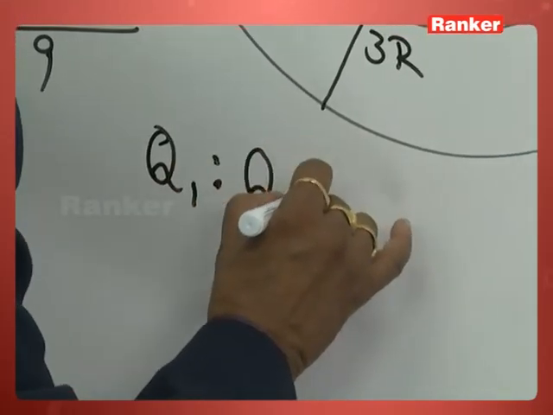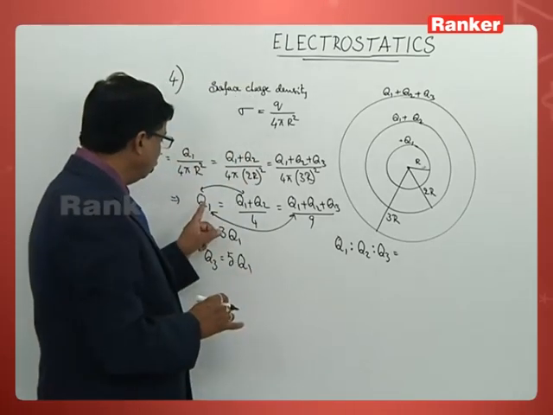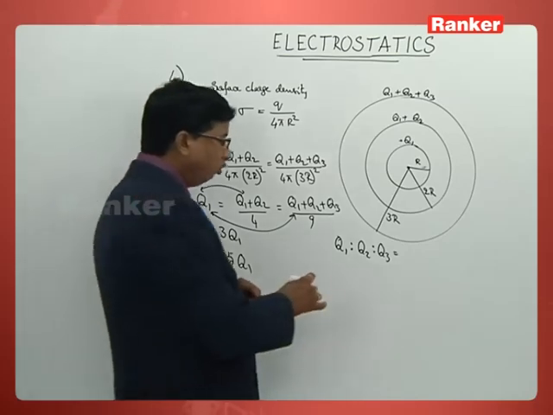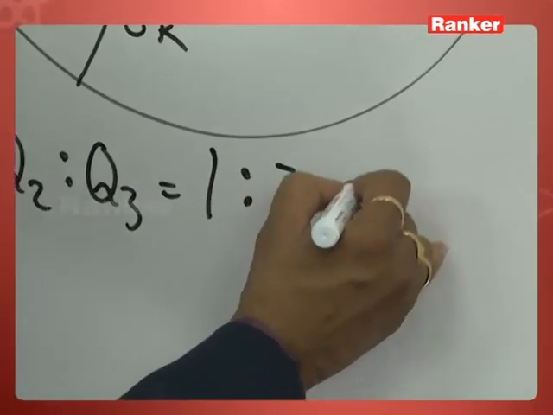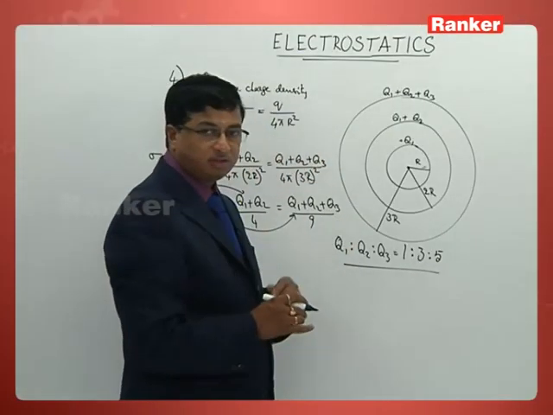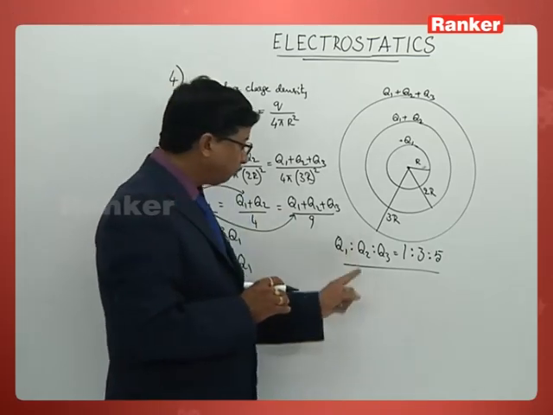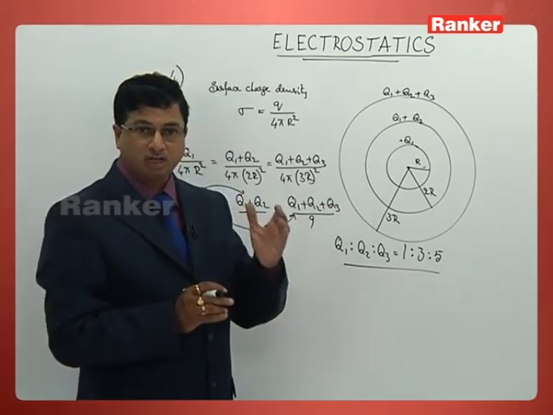Q1 is to Q2 is to Q3 now becomes Q1 is to 3Q1 is to 5Q1, which can be written as 1 is to 3 is to 5. So what should be the correct ratio of the charges on them on the outer surfaces? 1 is to 3 is to 5. That must be the corresponding ratio.